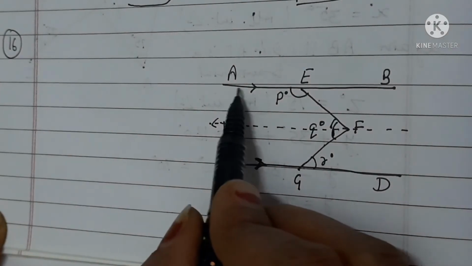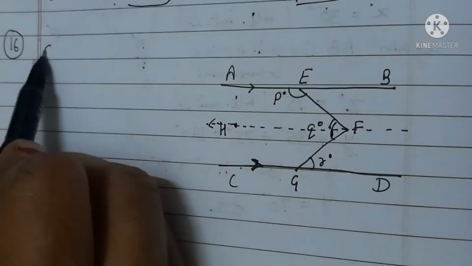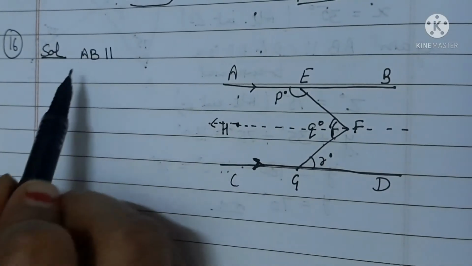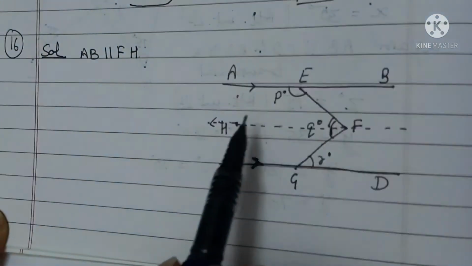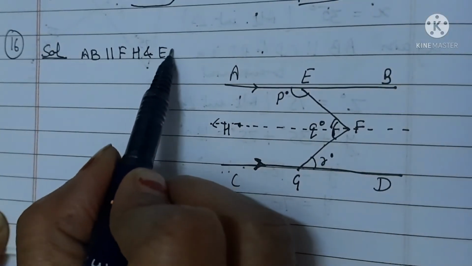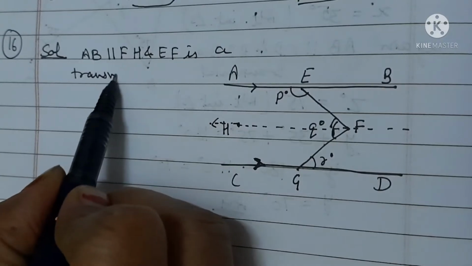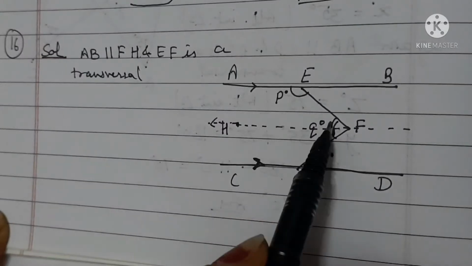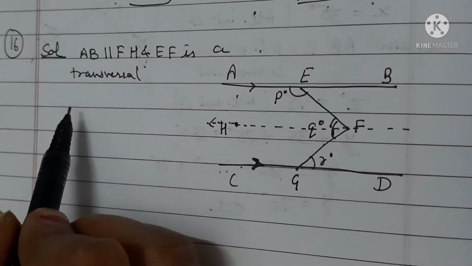So taking AB parallel to FH, first pair, solution: AB is parallel to FH and EF is a transversal, so the sum of these two angles, the co-interior angles, will be 180 degrees.